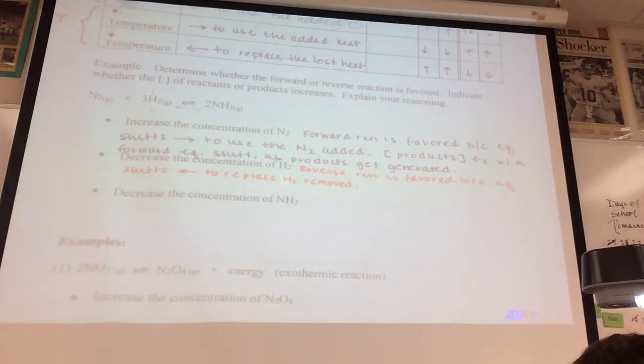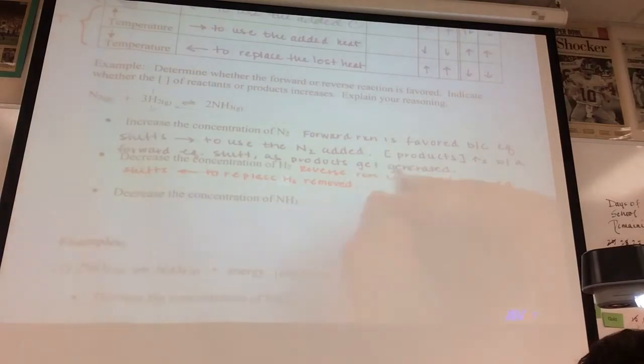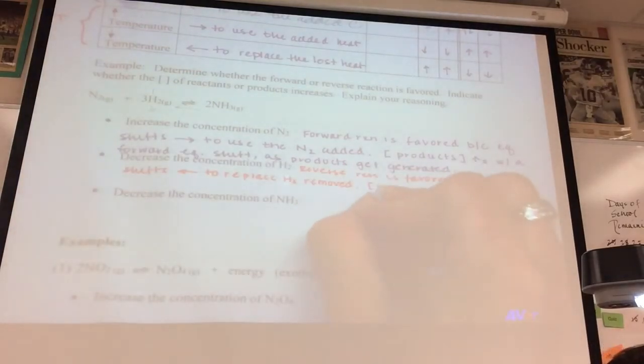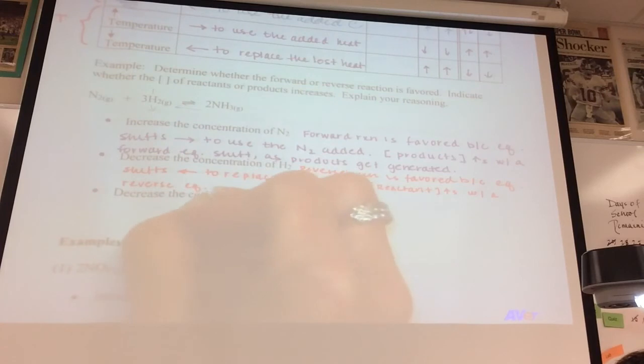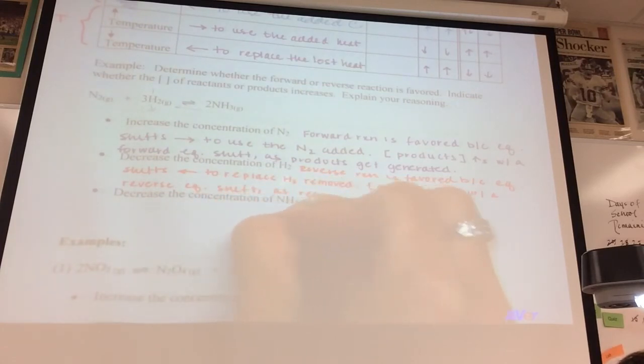So now if you shift in the reverse direction, which concentration increases, reactant or product? Yes. So reactant concentration increases with a reverse equilibrium shift as reactants get generated.